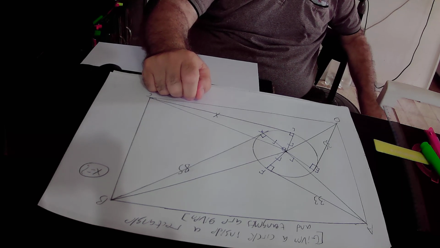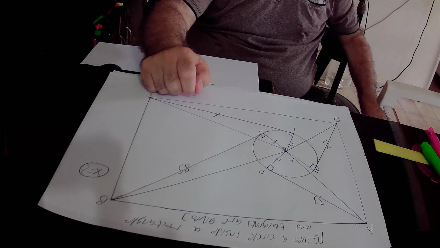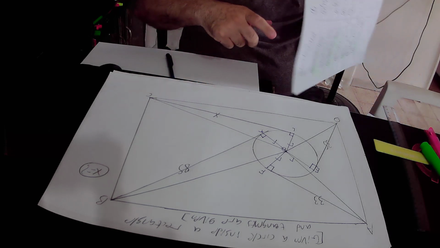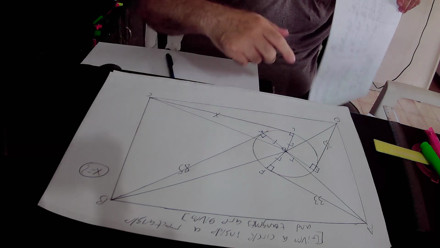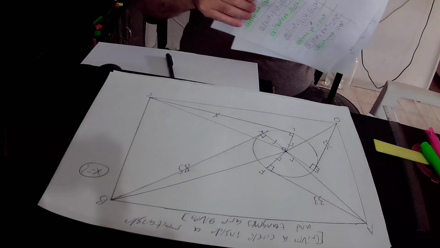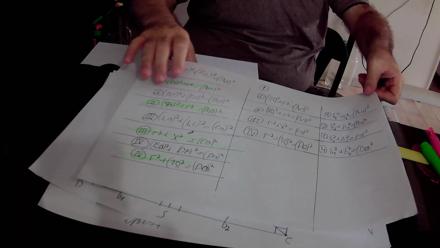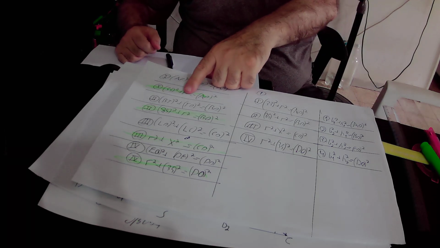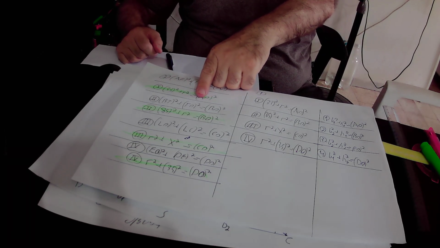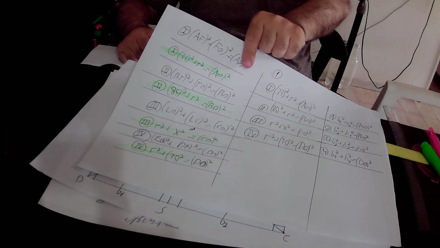Repeat again. The right triangle BTO, according to the Pythagoras theorem, we get that BT square plus TO square equals BO square.